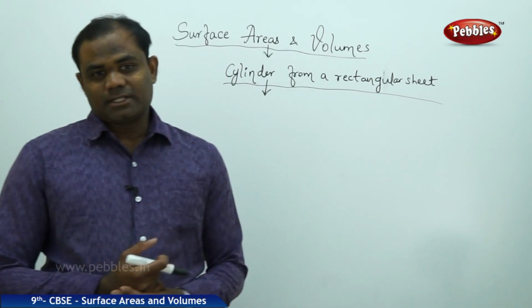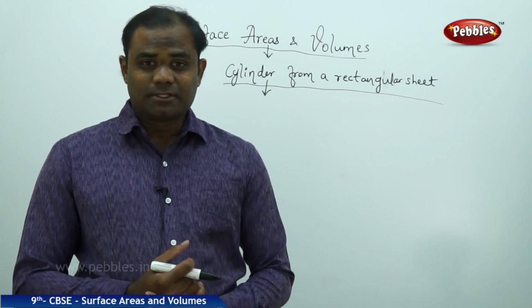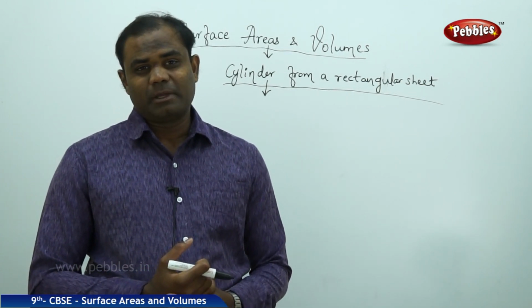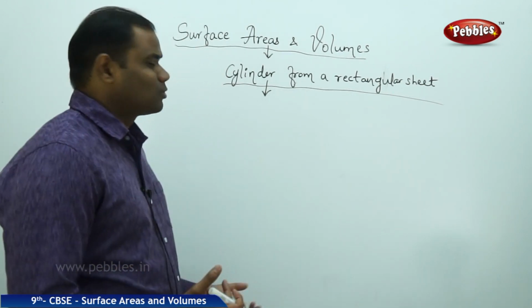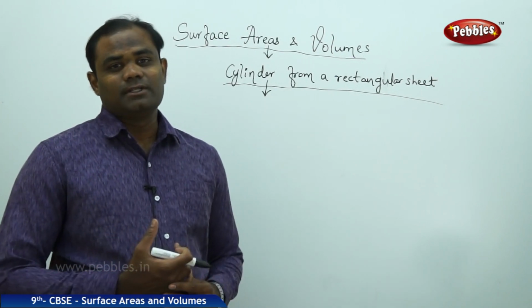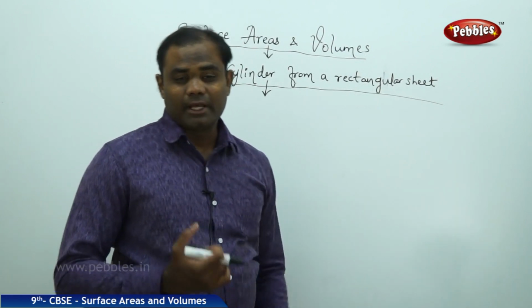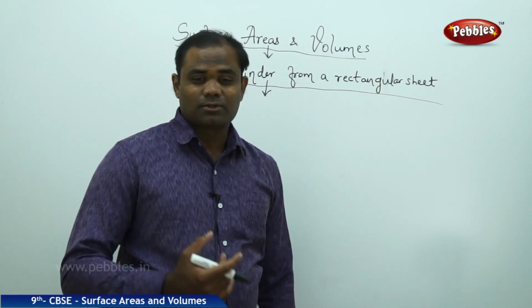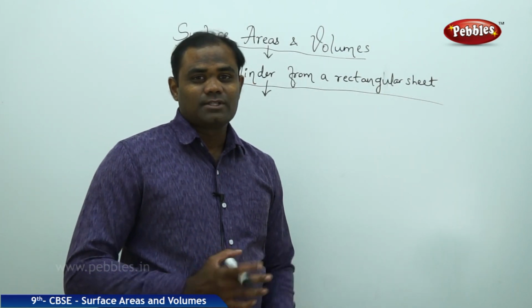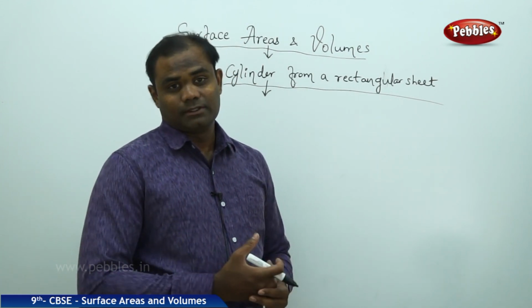Now that we have discussed a cylinder which is derived from a rectangular sheet of paper, let's see what could be the surface area of a cylinder. The topic says surface areas and volumes, and hence, now that we have discussed the cylinder, let's see the surface area of a cylinder.